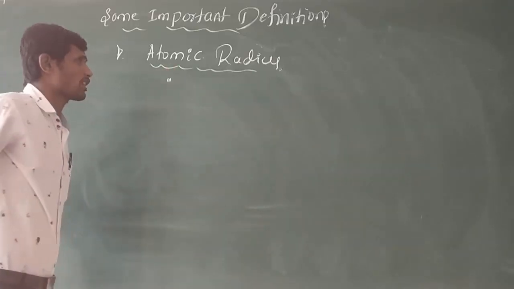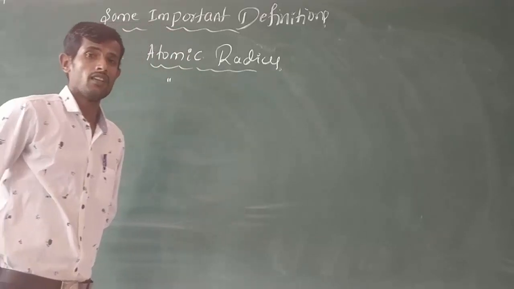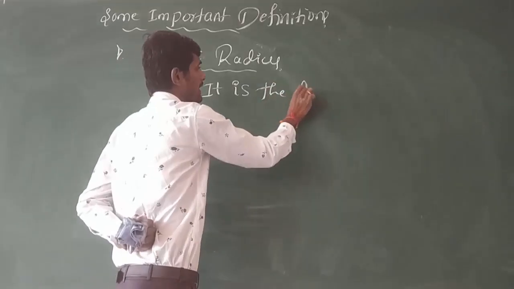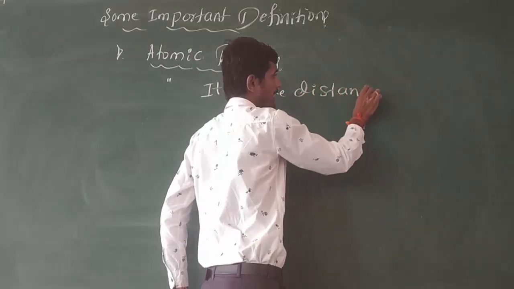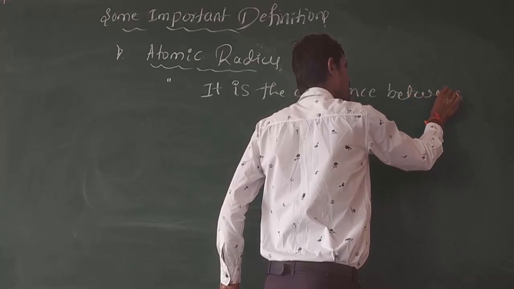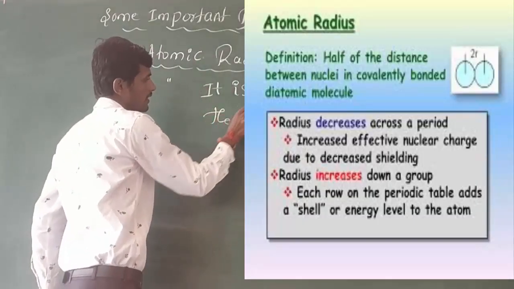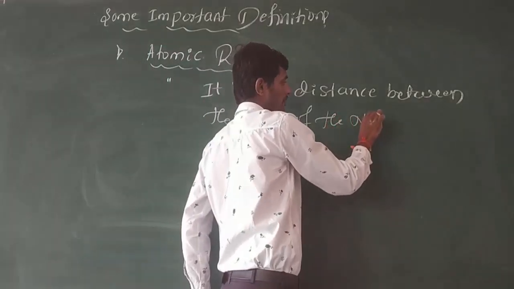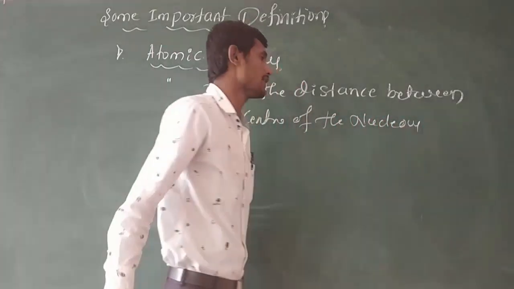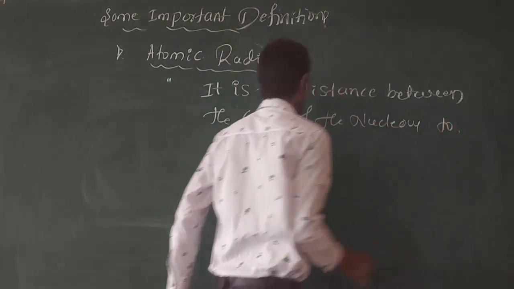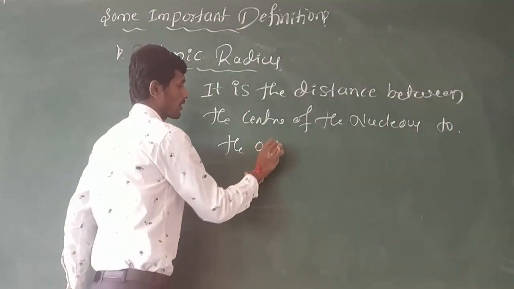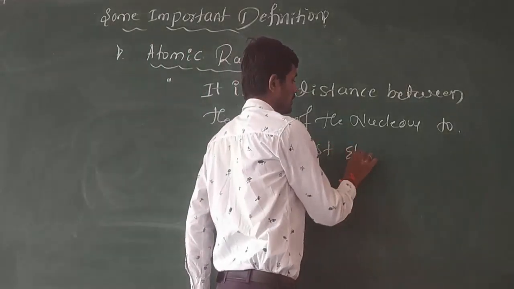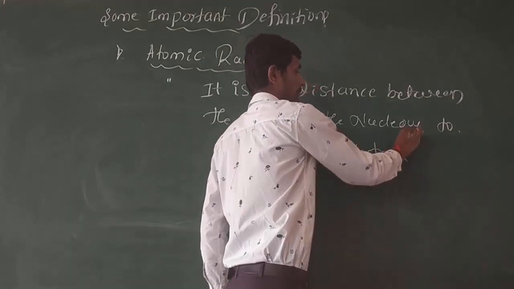Students, what is atomic radius? It is the distance between the center of the nucleus to the outermost electron, or valence electron.